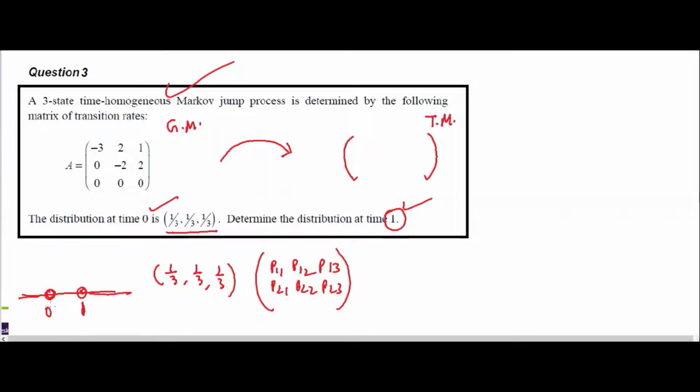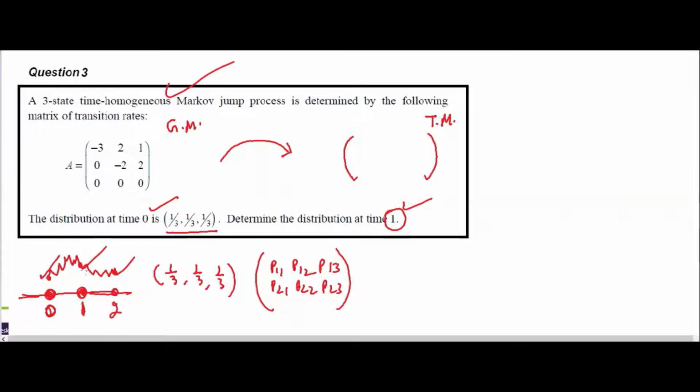Suppose you are talking about stock price, and the stock price is moving this way. We want to know only after each month. We are interested in these points. We are not interested in between. So you find the distribution after 1 month.